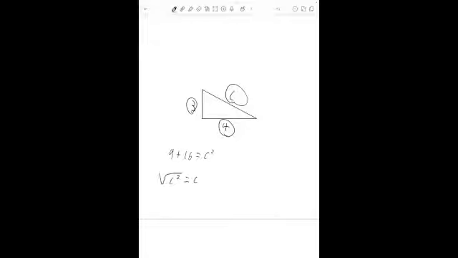And adding these together, we can see that c squared is 25. And the square root of 25 equals 5. So that's our answer, 5.